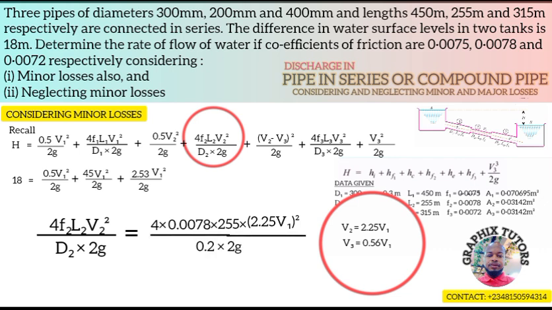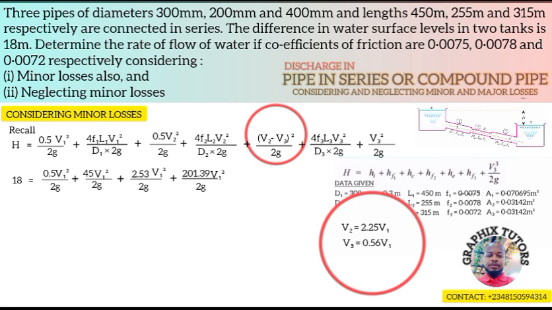This is what we'll be having there. Remember, v2 is squared, and v2 is given as 2.25 v1. So that is what we have. Now, when you expand 2.25 v1 all square, it means 2.25 square v1 square. Now, 2.25 square times 255 times 0.0078 times 4 divided by 0.2 is going to give us 201.39 v1 square over 2g. We are going to add it to that equation.